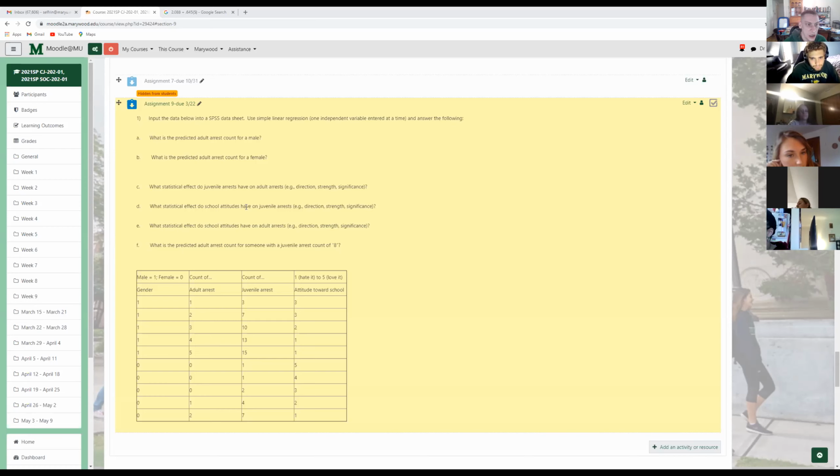So if I say, what statistical effect do school attitudes have on juvenile arrests? I'm asking you to put school attitudes in there as the independent variable and juvenile arrests in there as the dependent variable. Okay. In regression, when you're looking at the effect of this on that, you're saying what is the effect of the independent variable on the dependent variable. That's just the typical way it's described.